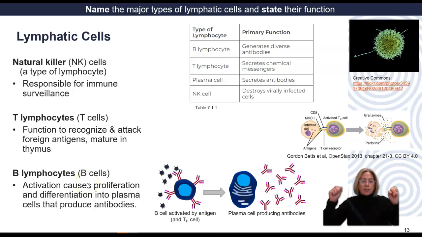So they divide and they differentiate into these little plasma cells, which are like antibody factories, because they are churning out these antibodies that are specific. This is very cool. They are specific to the antigen that stimulated the B cell to divide in the beginning, right? And these antibodies will either directly neutralize those antigens, or they'll do other things, and we'll talk about that later, and mark them for destruction.